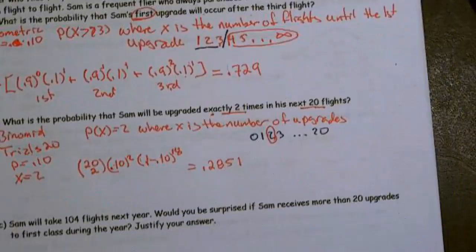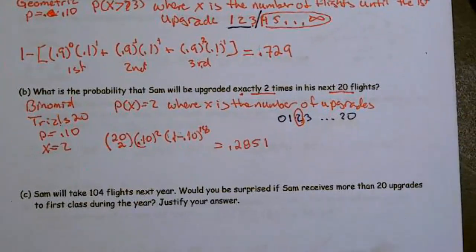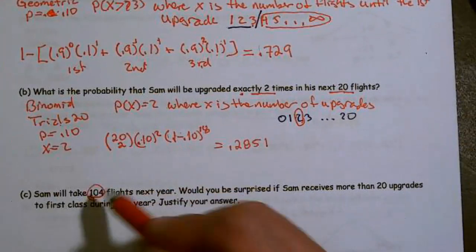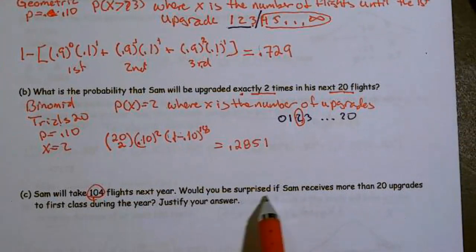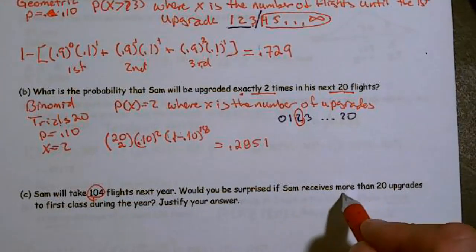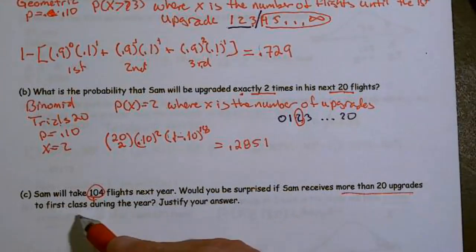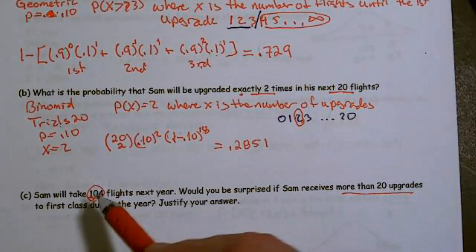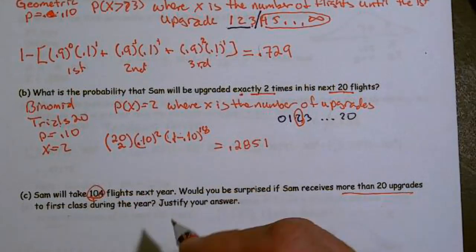Now we're going to move on to part C. So Sam will take 104 flights next year. All right, that's important. Would you be surprised if Sam receives more than 20 upgrades to first class during the year? Justify your answer. Well, we have a specific number of trials. So this lets me know, hey, we're still working with a binomial.